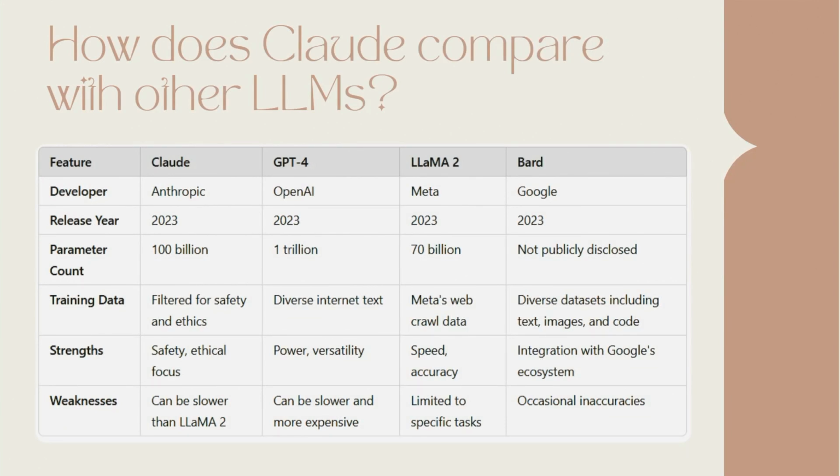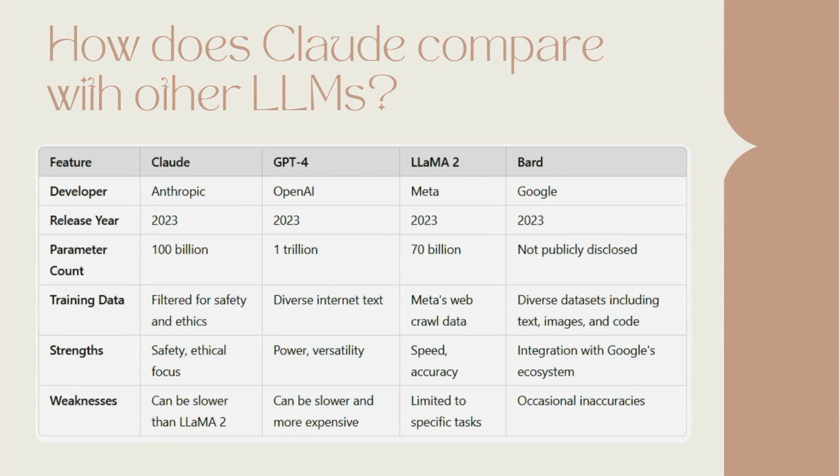How does Claude compare with other large language models? We have a chart here that shows the different models that are kind of like the most popular right now. So Claude, GPT-4, Llama, and Bard, they all came out in 2023. And what I want to focus on is Claude's strengths, which is the safety and ethical focus.